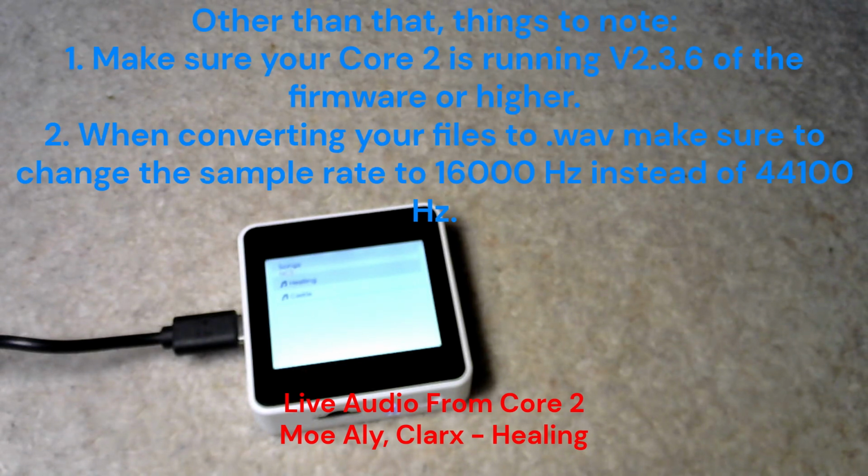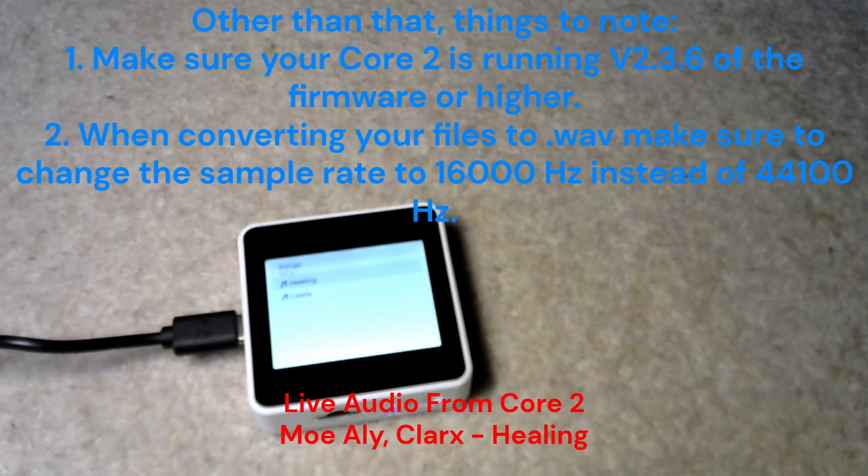Other than that, things to note, my Core 2 is currently running version 2.3.6, the same as the UiFlow version I was running, and when you're converting your files to a WAV file, you need to make sure that you're putting the sample rate from 44,100 Hz down to 16,000 Hz.